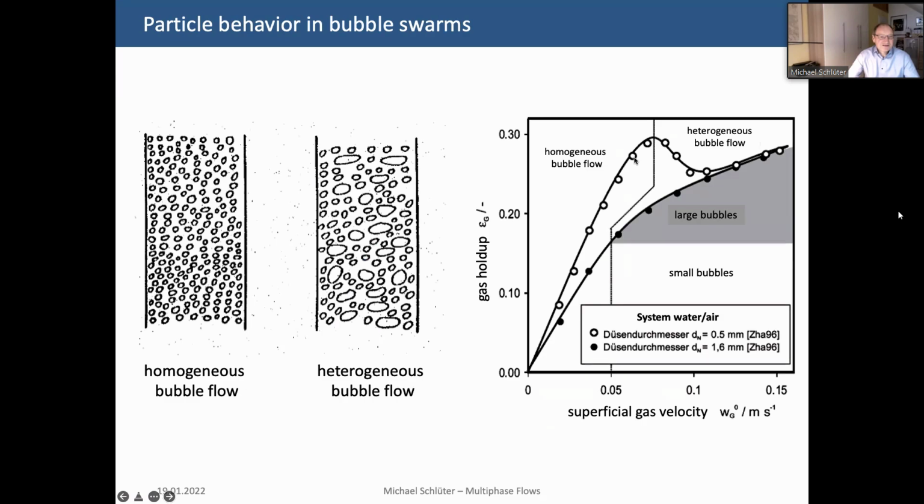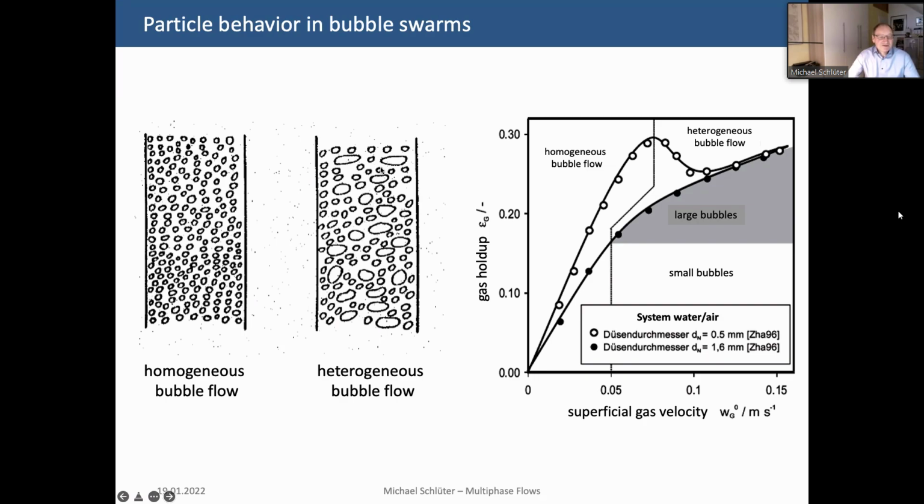And if you increase the gas hold up too much by increasing the superficial gas velocity, then it comes to more and more coalescence, because the bubbles are not able to rise fast enough to transport all the gas that is fed at the bottom to the column, and therefore coalescence happens, which makes the bubbles even much faster.